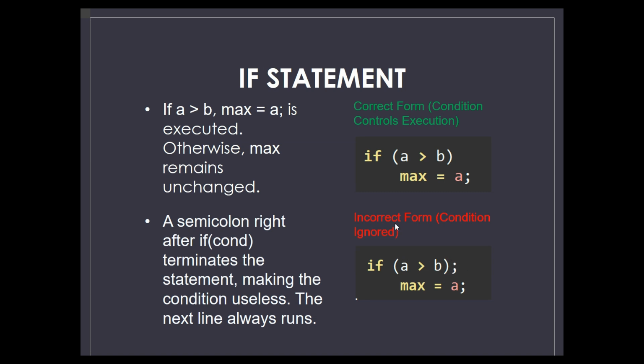Verilog won't give any error for this statement, but the aim which you want to achieve, that is, max should be equal to A only when A is greater than B, won't be achieved. Here, even if A is less than B, A will still be provided to max. Hence, we need to make sure we don't make such errors while creating our logic.